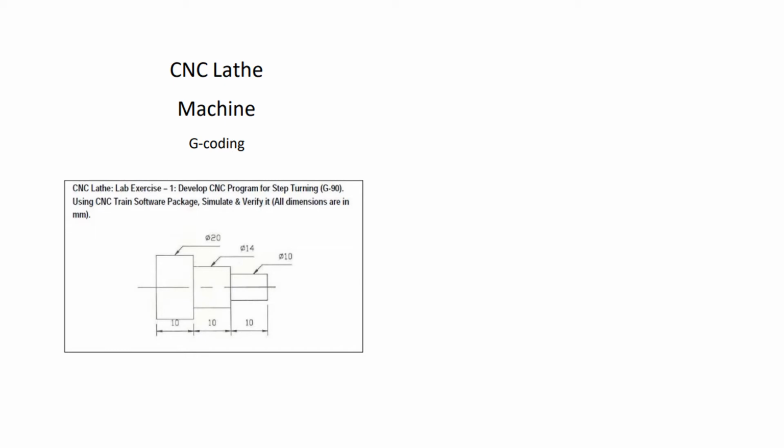Let's say the diameter of the workpiece is 30 millimeter, and the length of the workpiece is 100 millimeters. So it's a workpiece with a diameter of 30 millimeter and a length of 100 mm.